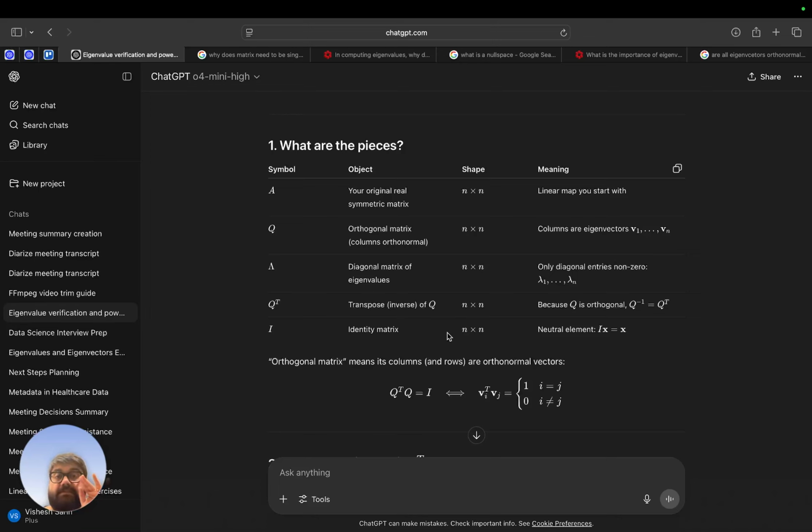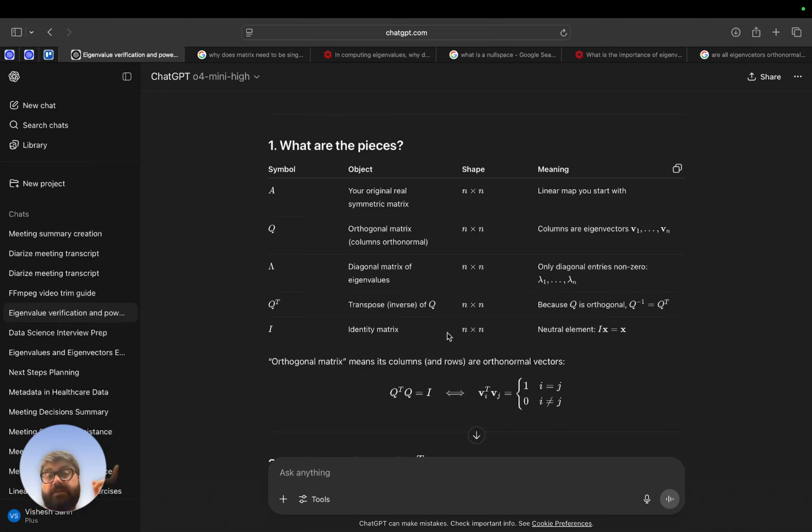Uppercase lambda is the diagonal matrix of eigenvalues. So it's a matrix of the same shape where all the diagonals are the associated eigenvalues for the eigenvectors. Q^T is the transpose of Q, and Q is orthogonal because it is the matrix of eigenvectors, and the eigenvectors of a real symmetric matrix will be orthogonal.